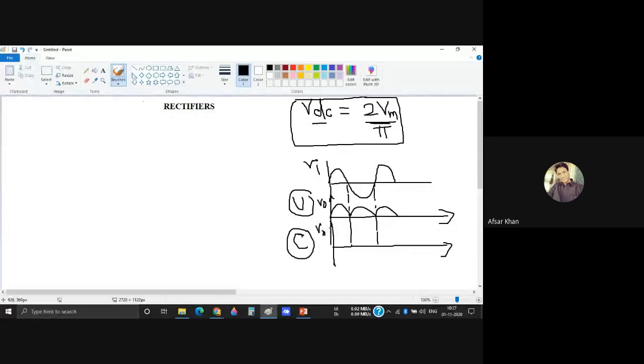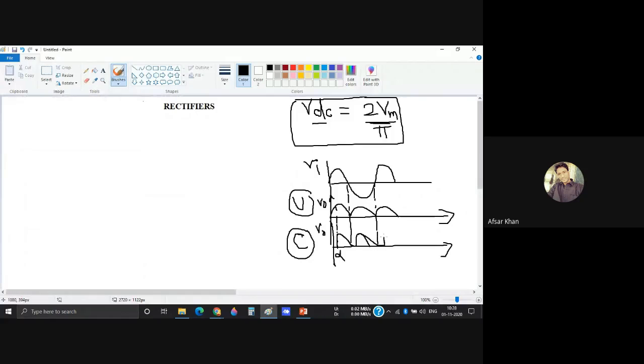In a controlled rectifier there is a control, so you can get the output starting from this angle. This is called the firing angle alpha. Whenever your thyristor SCR is fired, you will get output like this.